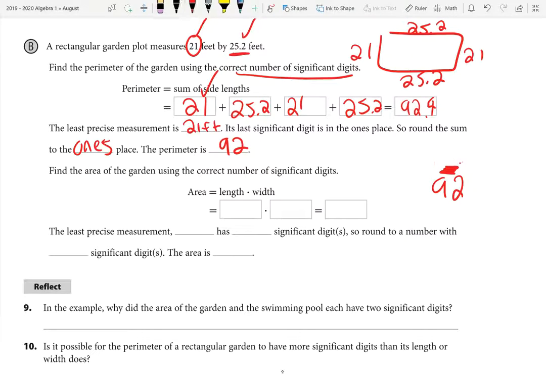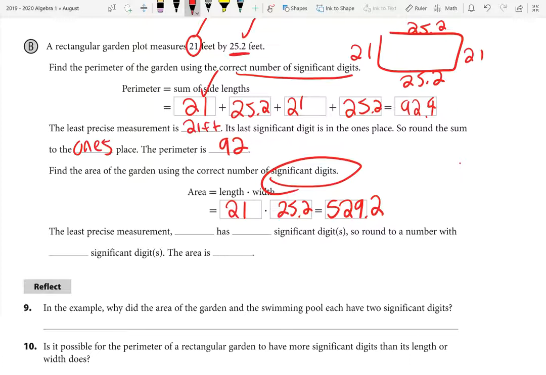To find the area, we do length times width. So we have the 21 times the 25.2. We just multiply that and we get 529.2. Oops. But again, because we're rounding this to our significant digits, our least precise measurement has 2 significant digits.